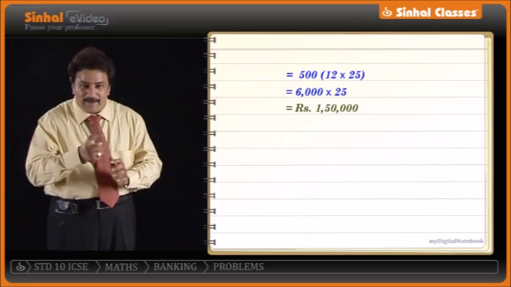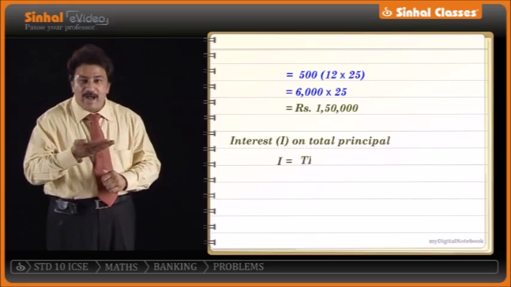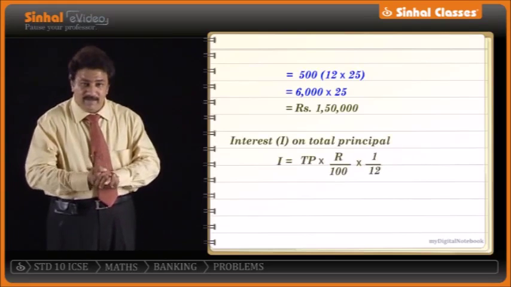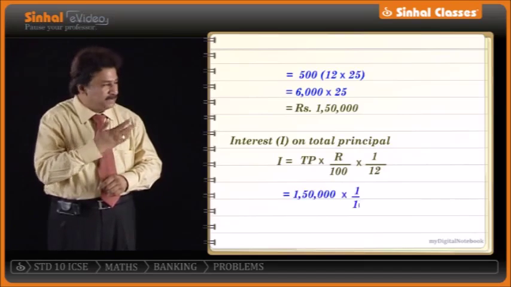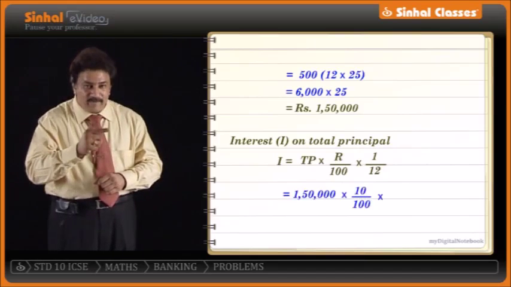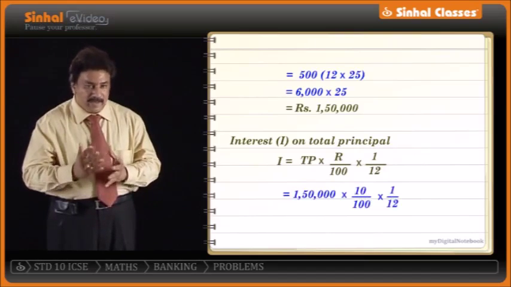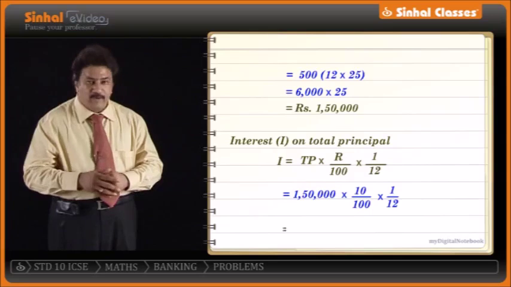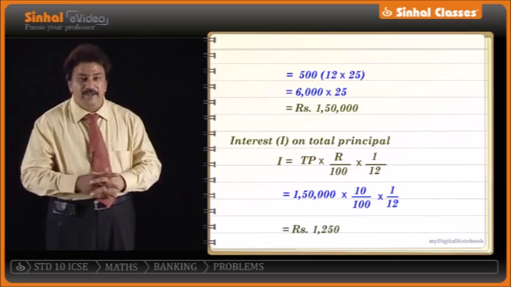Now this will help me to find the interest. Interest is equal to total principal into R upon 100 into 1 upon 12. Total principal is 1,50,000. Rate is what given to you? 10% per annum. So 1,50,000 into 10 upon 100 into 1 upon 12. That gives me rupees 1,250. So 1,250 is nothing but the interest gained by Anisha.